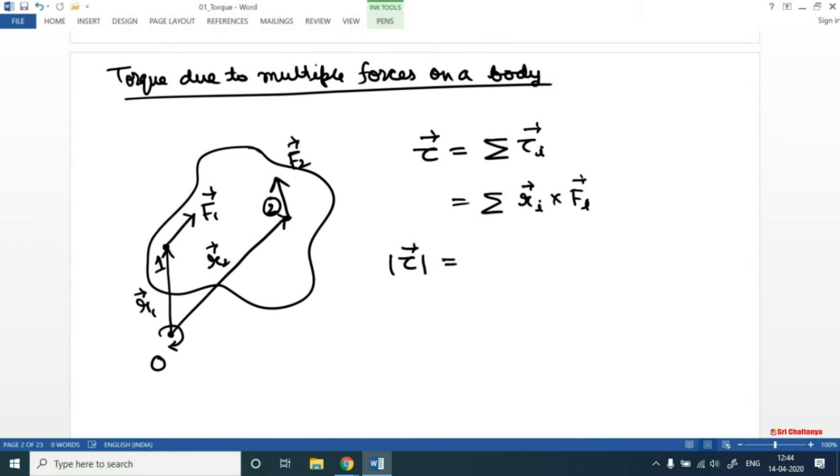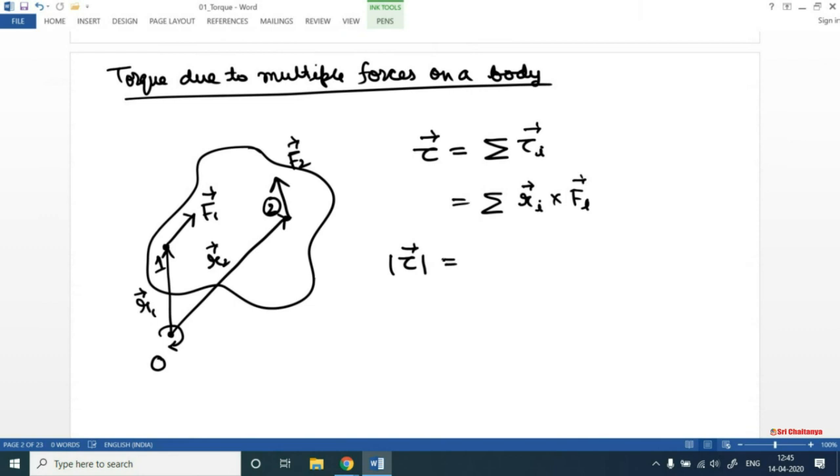We only need to figure out whether, due to a given force, the torque will be trying to rotate the body either clockwise or anti-clockwise. So clockwise means the torque would be inward, and anti-clockwise means the torque would be outward. So if we take the outward direction as positive, vectorially the torque would be positive or negative.